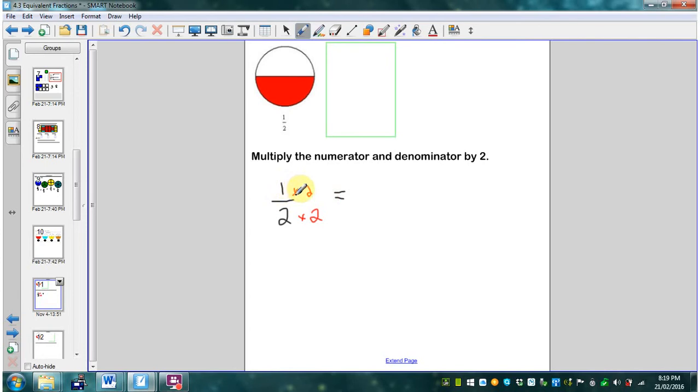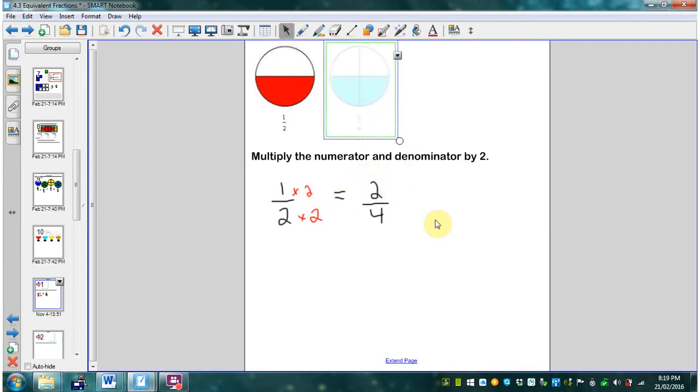So 1 times 2 is 2, and we're going to make a new fraction now. And 2 times 2 is 4. So what do we see here? We multiplied our top and our bottom both by the same number, by 2, and we got 2 over 4.